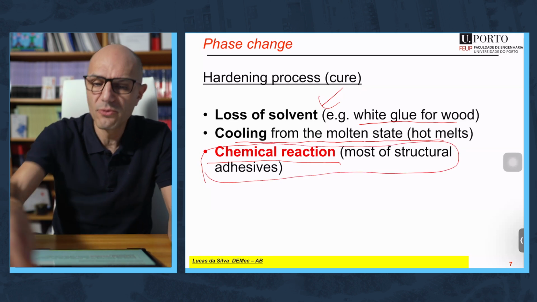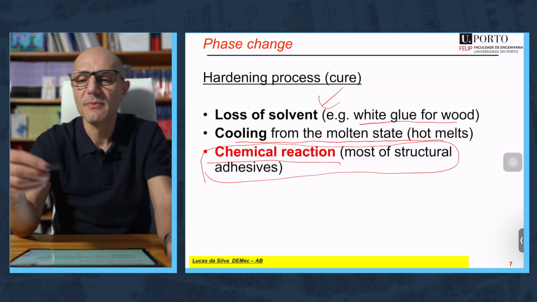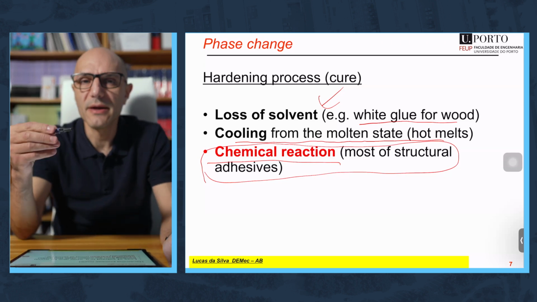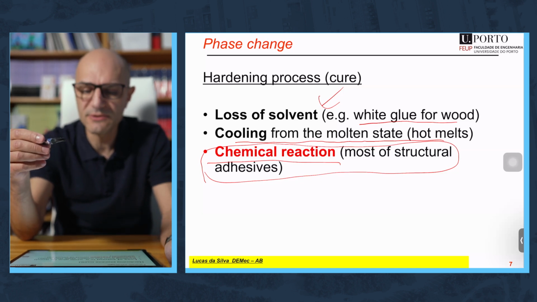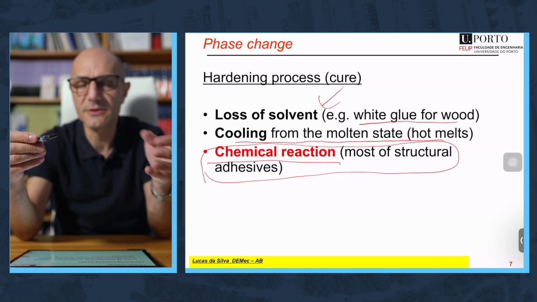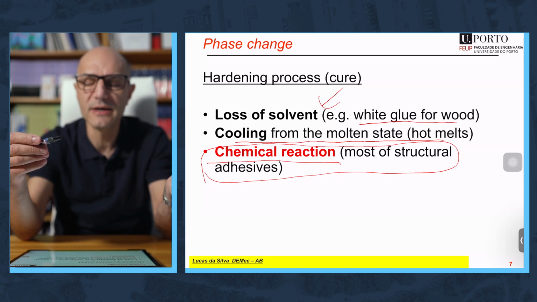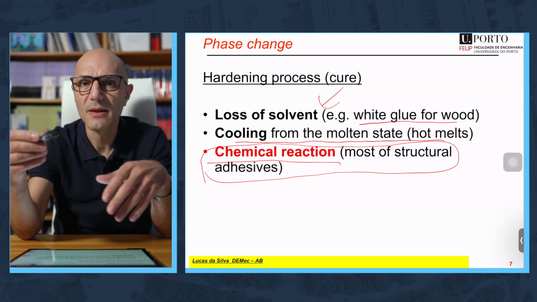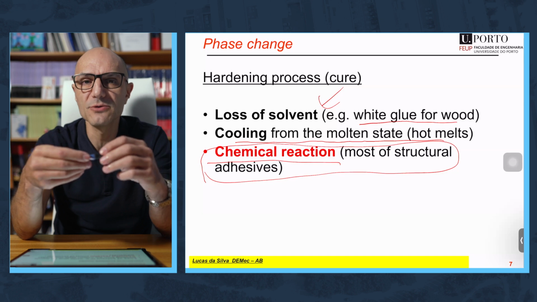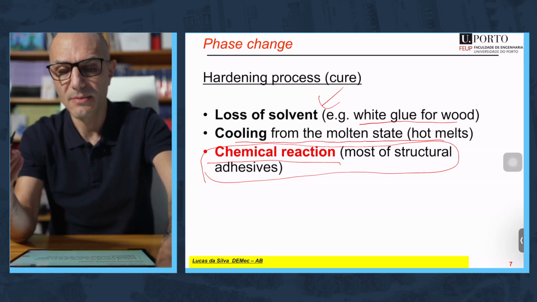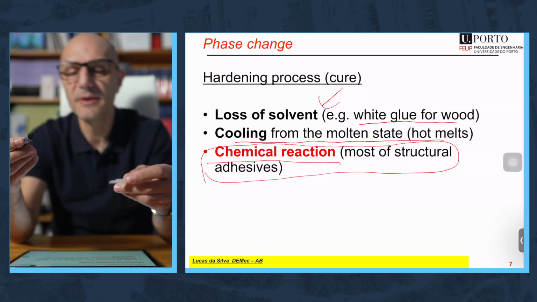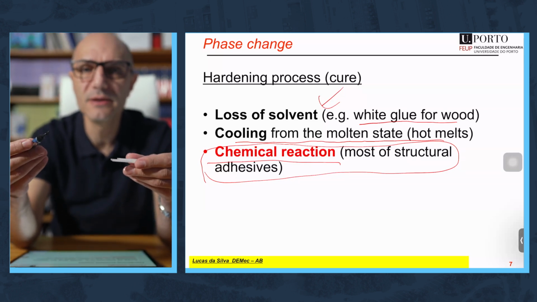I can show you quickly with an adhesive that you can buy in every shop. It's super glue. It's a cyanoacrylate from the family of the acrylate adhesives. The two phases: first the application of the adhesive in the liquid state, and then the hardening. Fortunately, it's done in seconds, so you don't have to wait a lot. And I'm sure you have done that at home, but you probably didn't know why the adhesive needs to be applied in the liquid state.